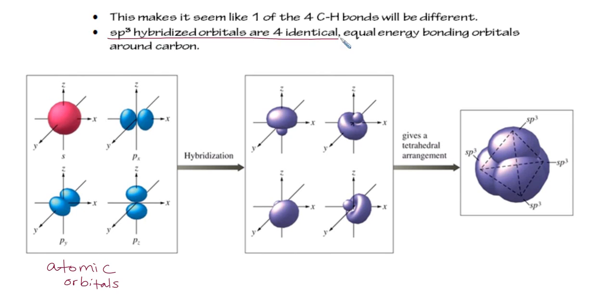We're going to take the 1 s orbital and the 3 p orbitals from that atomic structure, and we're going to morph them together into 4 equal energy identical bonding orbitals, and we call them sp3 hybrid orbitals. So right here I'm going to call these sp3 hybrid bonding orbitals.